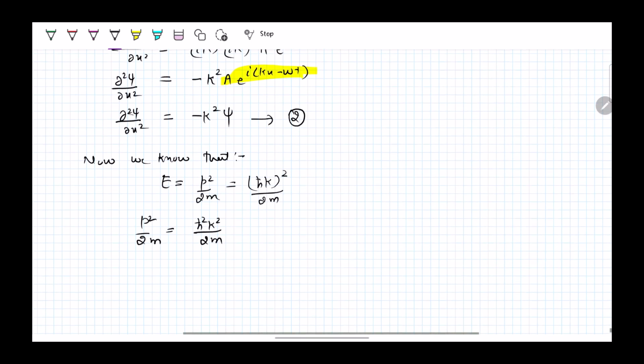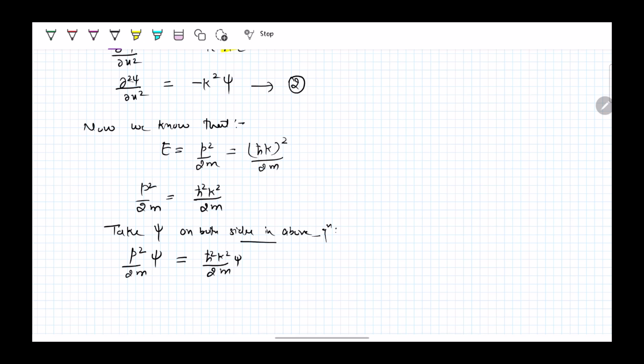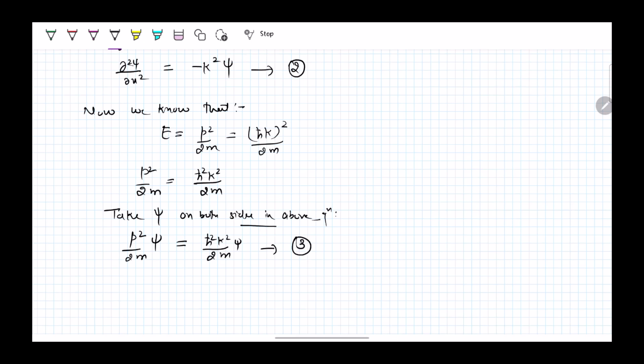Now we need to take psi on both sides in the above equation, right? So we get p square over 2m psi is equal to h cut square k square psi over 2m. All right, and this is equation number 3.